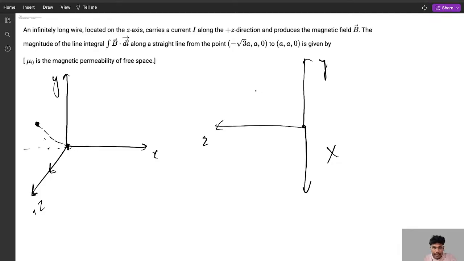So it is like this, from minus root 3a comma 0 to a comma 0. Do you understand this?